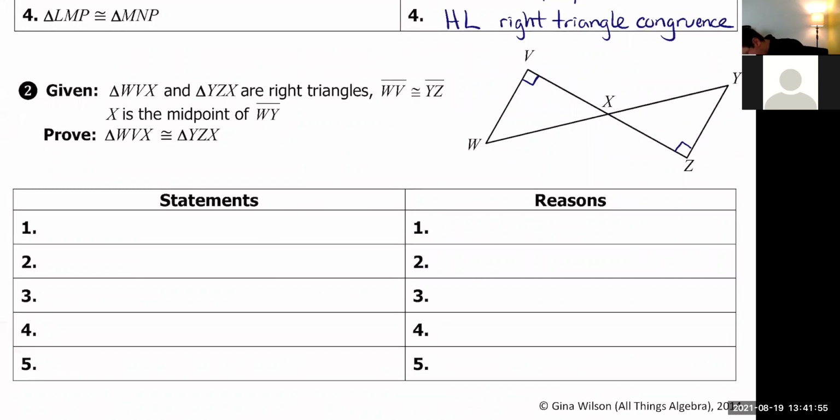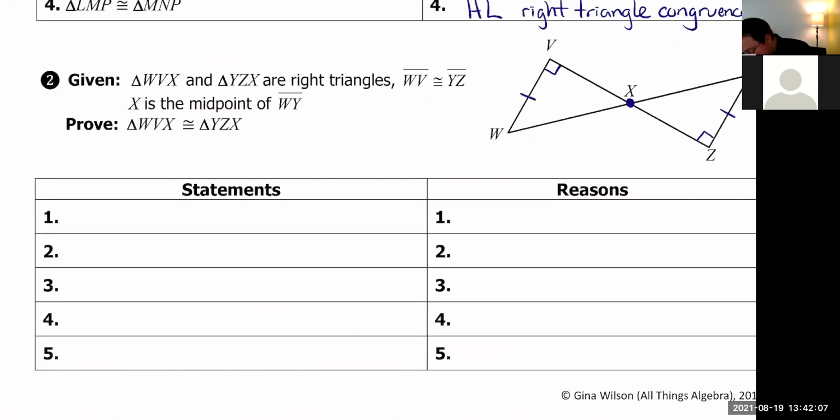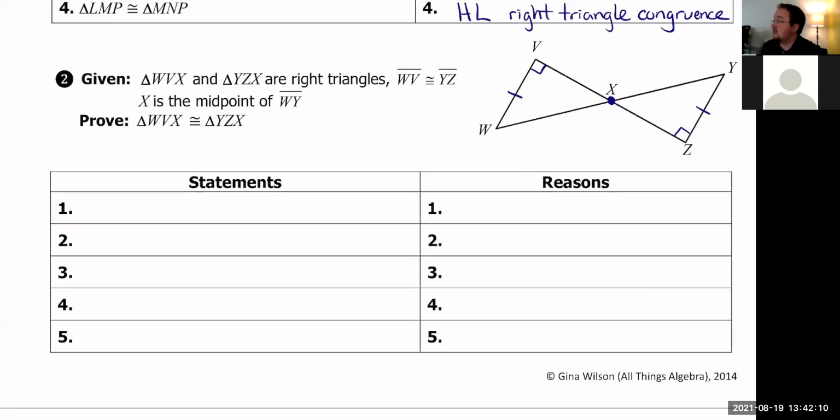And it also tells me that X is the midpoint of WY. So three given statements, which we're just going to rewrite here to start us off. Triangle WVX and triangle YZX are right.